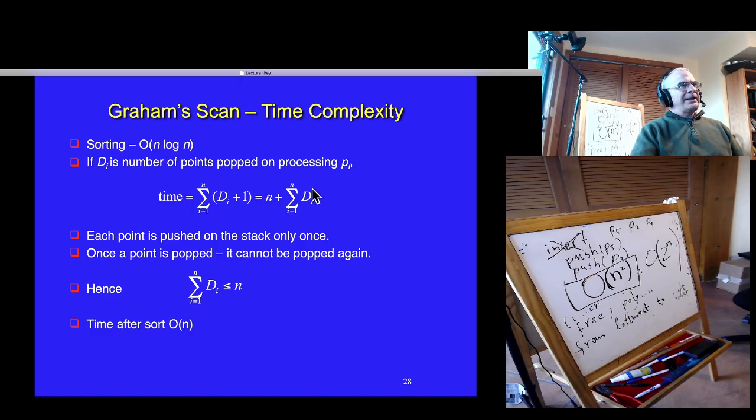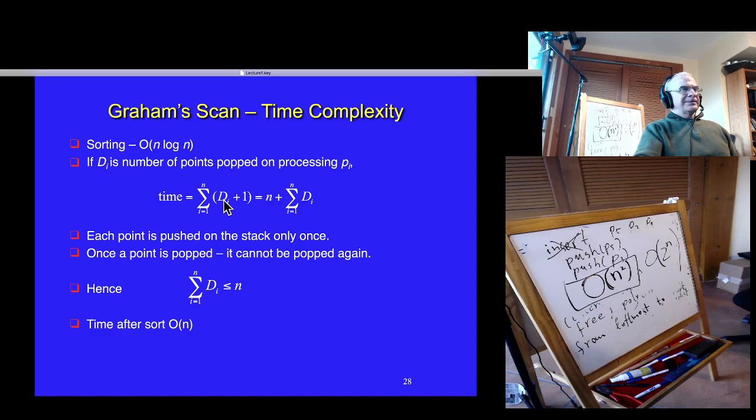Then the overall running time is, at each iteration, 1 for all the operations that involve only p_i, plus d_i, which is how many times I went inside the while loop and deleted a point. So the overall running time is sigma of 1, which I'm doing n times, plus sigma of all the d_i's. But what is sigma of all the d_i's?